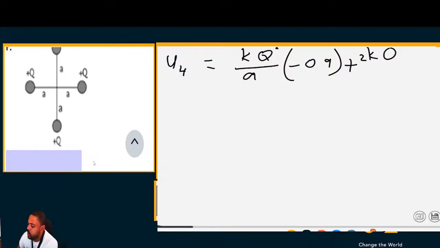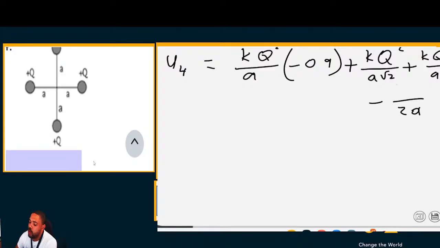No, let me rather just write them. I can't do that. So it's kq squared over a square root 2 plus kq squared over a square root 2 for the other one, and then minus, of course, the negative one on top, so it's over 2a.